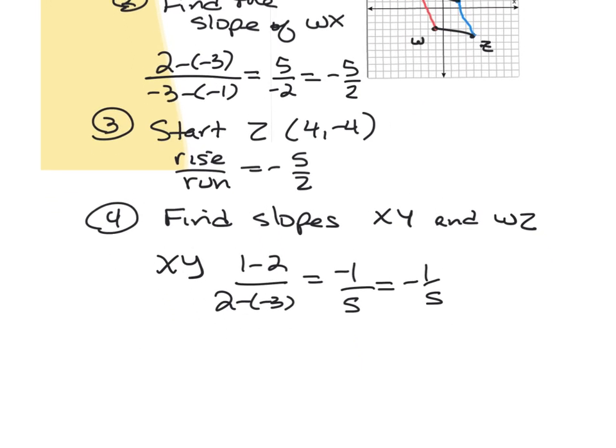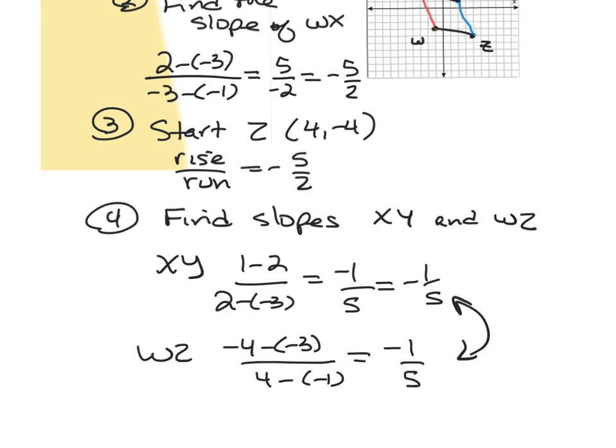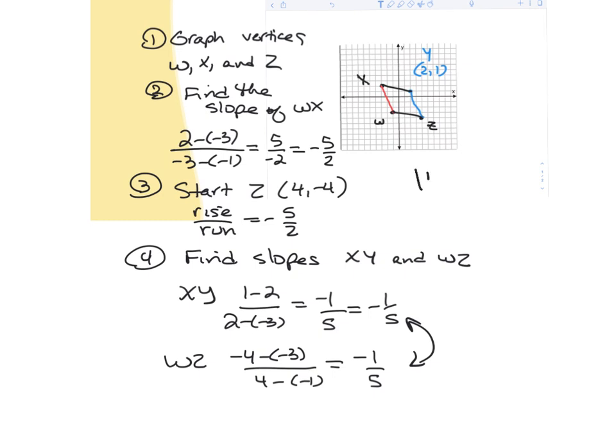And then the slope of WZ is -4 minus -3 over 4 minus -1, which gives me -1 over 5. Because these are the same slope, I know that the sides are parallel. So I did find the correct coordinate. So the coordinate for Y, let me fix that, is the ordered pair 2, 1. So that is your answer.